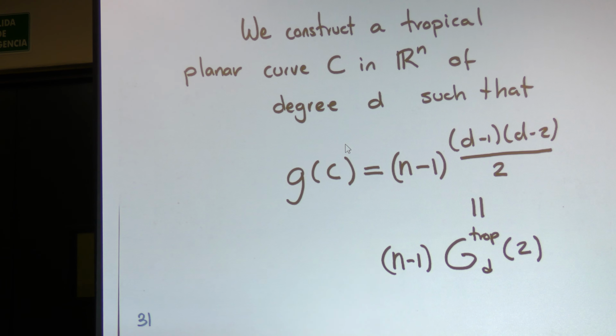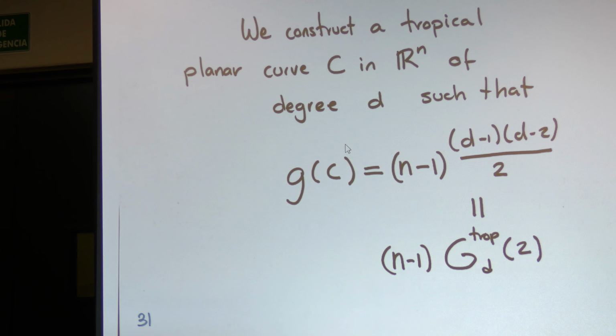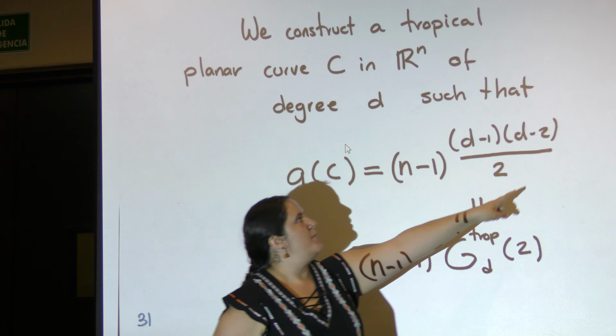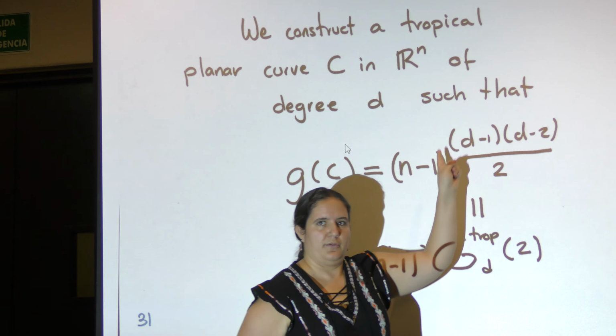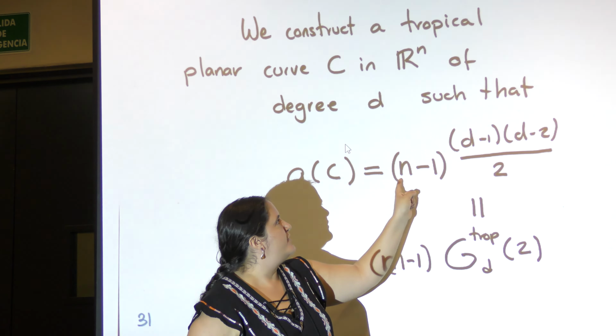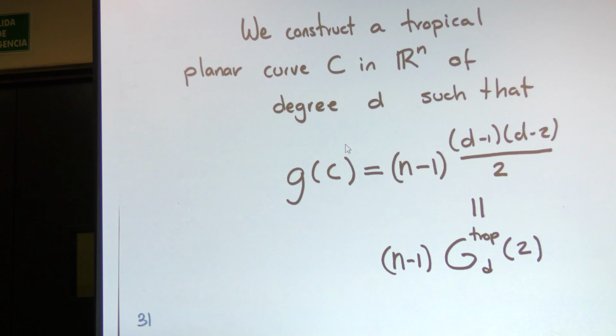Planar means it lives in a 2-dimensional tropical plane. It's in Rn of degree d, such that its genus, if you remember, this one was the bound for dimension 2 and R2, and we construct something like this, n minus 1 times the bound in the R2.